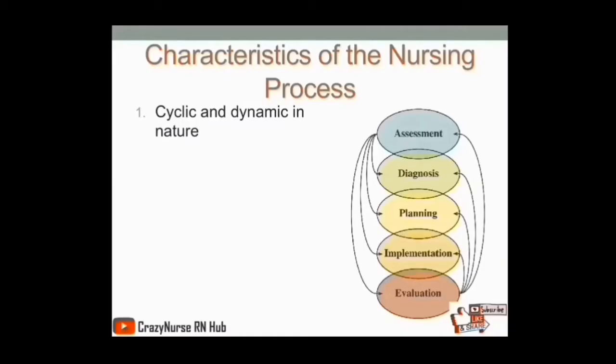Data from each phase provide input into the next phase. Findings from the evaluation phase feed back into assessment. Hence, the nursing process is a regularly repeated event or sequence of events, or a cycle, that is continuously changing, which means it's dynamic, rather than staying the same or static.